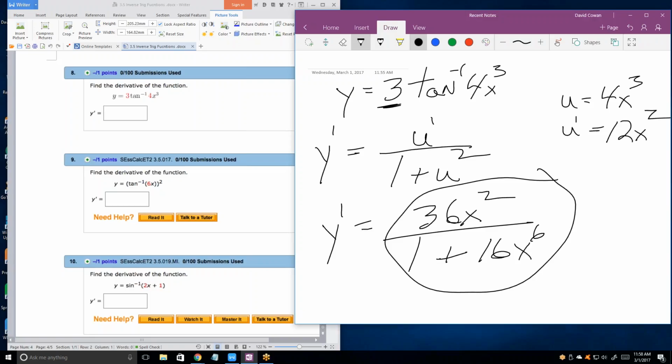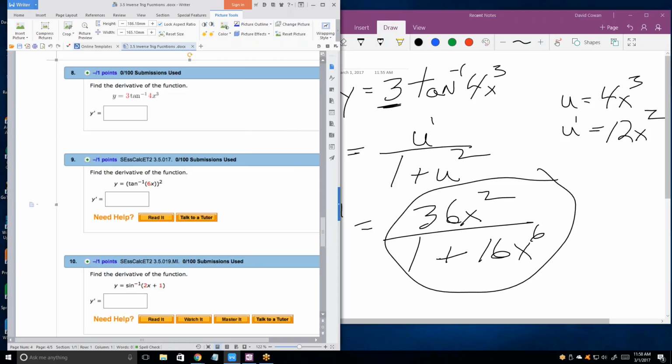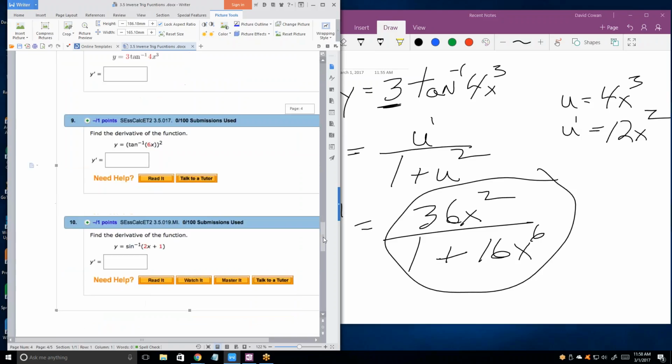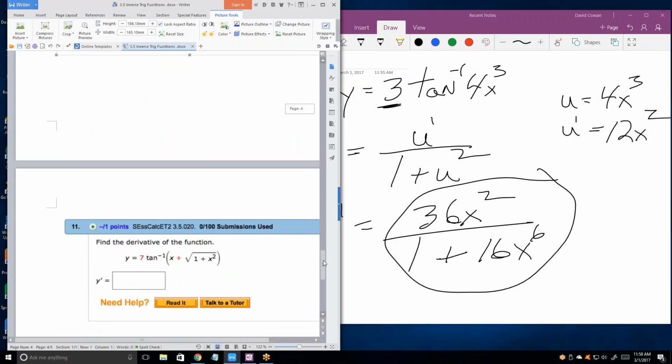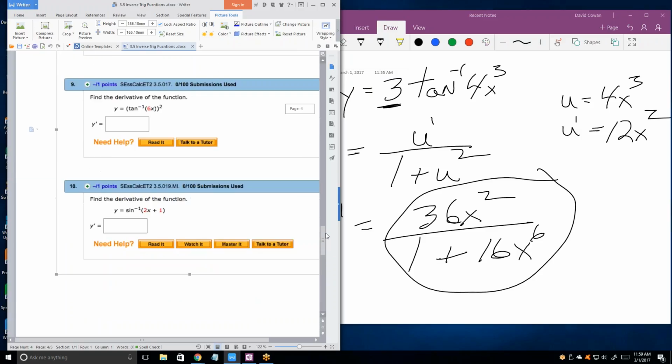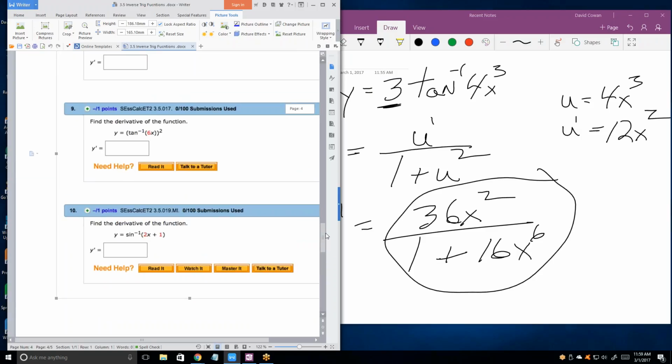Okay, perfect. Now, I'd like to do 9. Actually, I don't mind going over a little bit here in order to get all these done, if that's okay with you. Yeah, it's fine. Let's see, we got 9 and 11, neither of which are tough. But number 9, I meant 10 and 11.